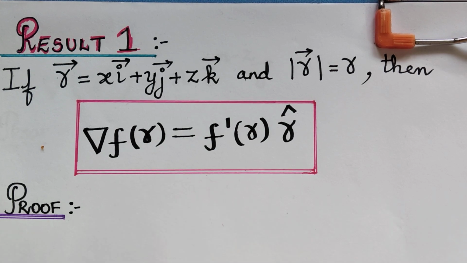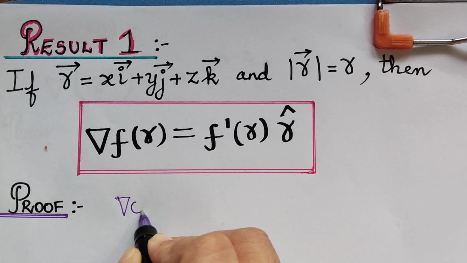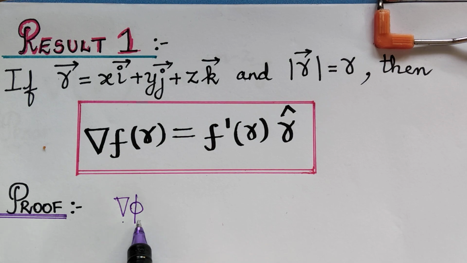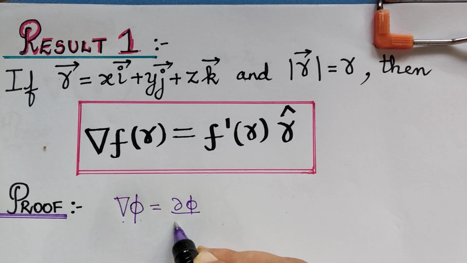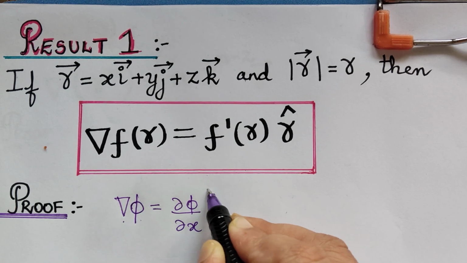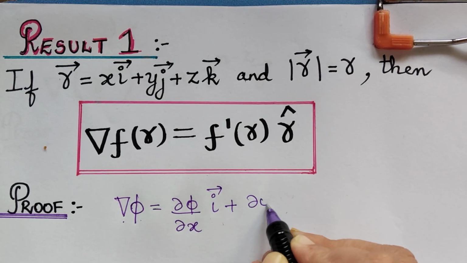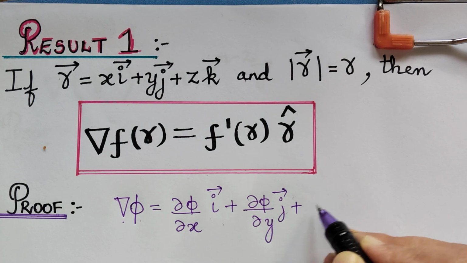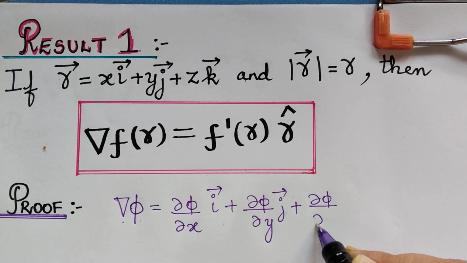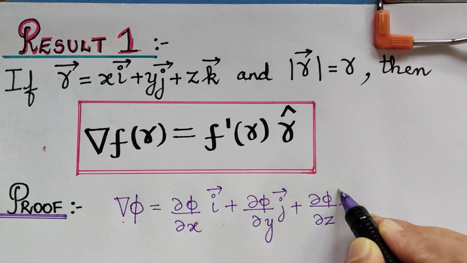We know that the gradient of a function phi, represented as nabla phi, is equal to dou phi by dou x i vector plus dou phi by dou y j vector plus dou phi by dou z k vector.